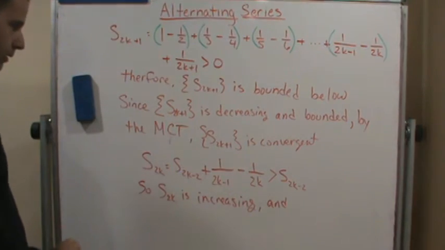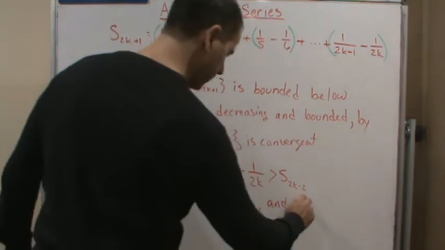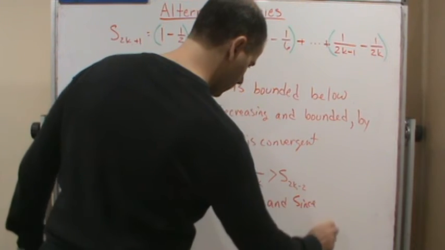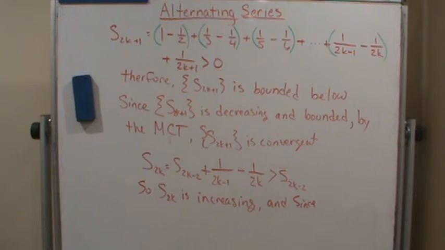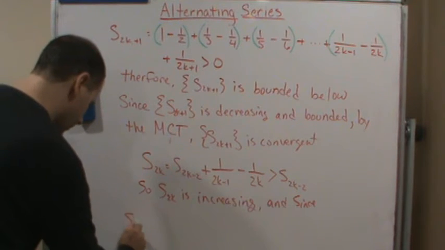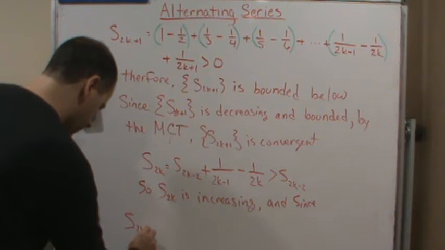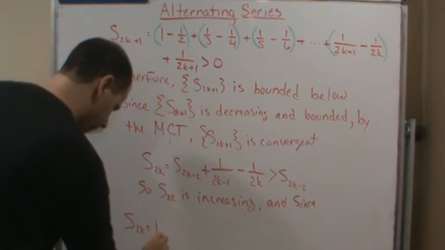And since we can also write this, okay, let's do s sub 2k equals 1.